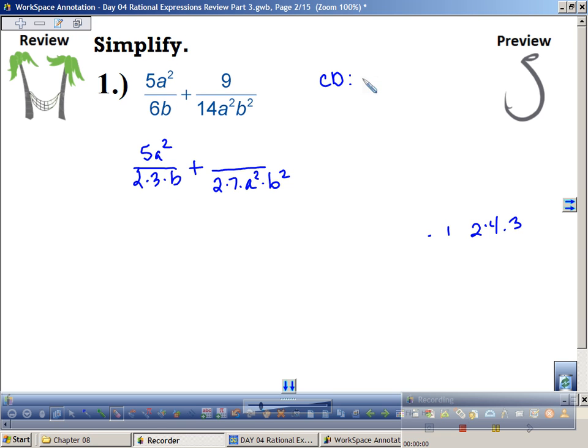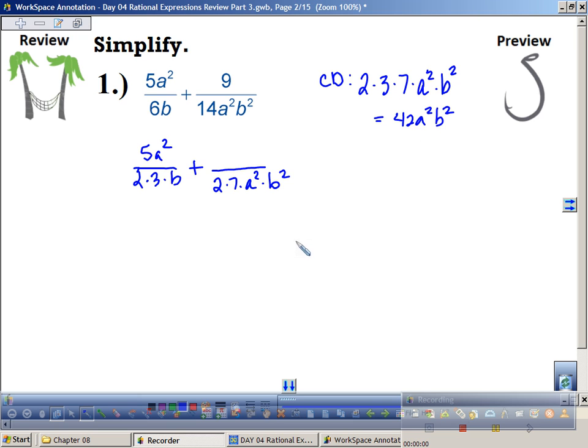So, what do I have in there? A 2, what else? A 3, what else? What else? And b squared, which equals 42a squared b squared.